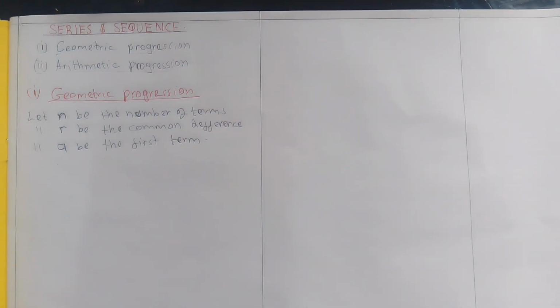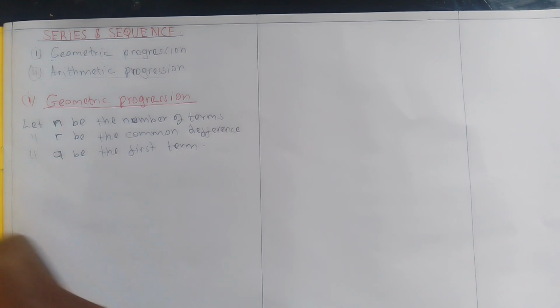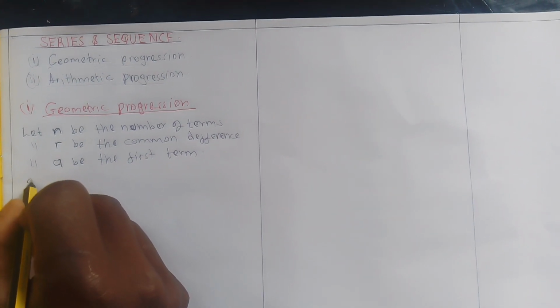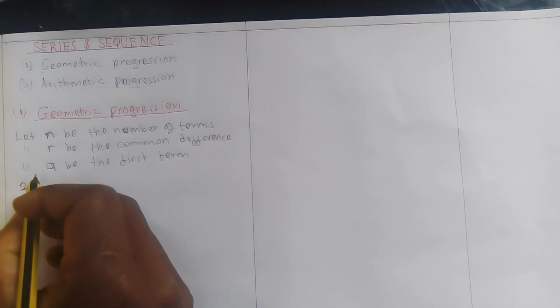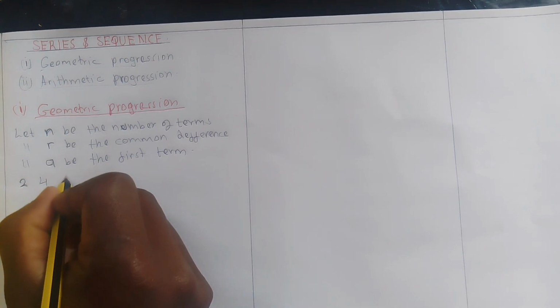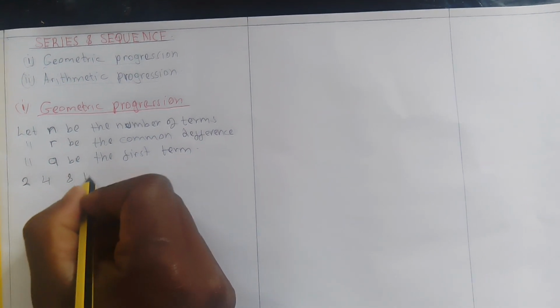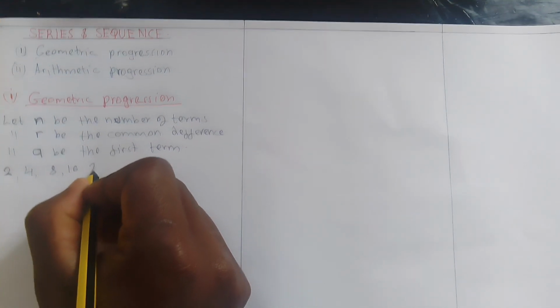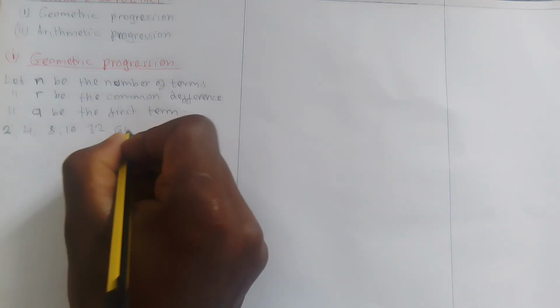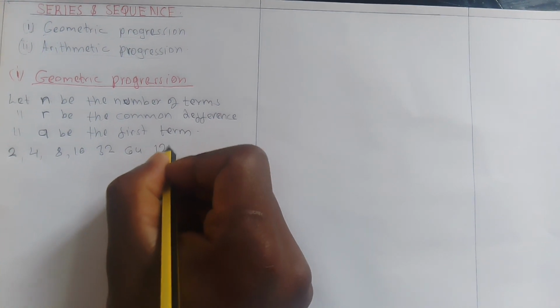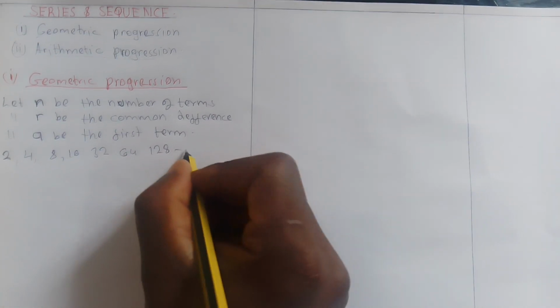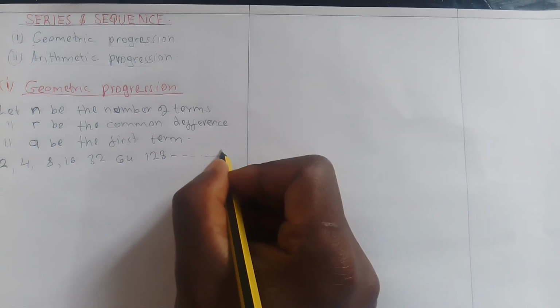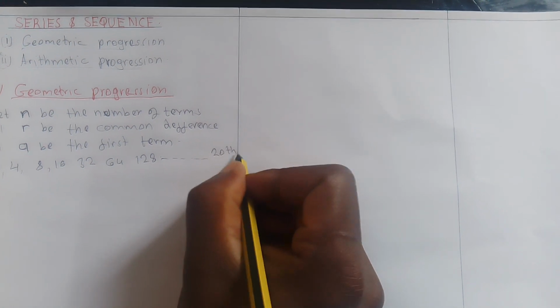So we can have an example of our sequence, like 2, 4, 8, 16, 32, 64, 128, and the others probably up to the 20th term.